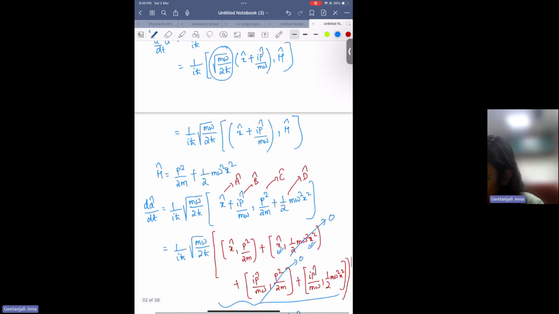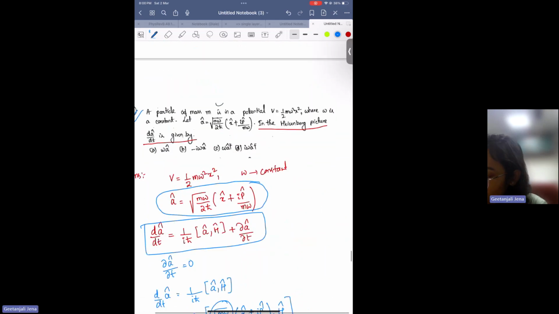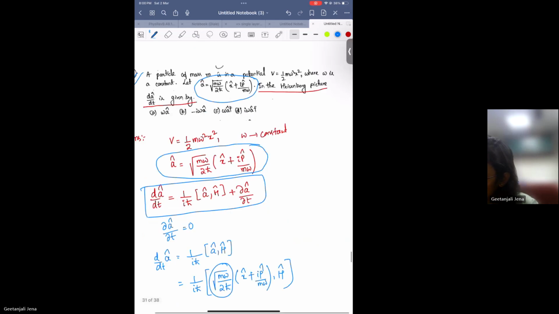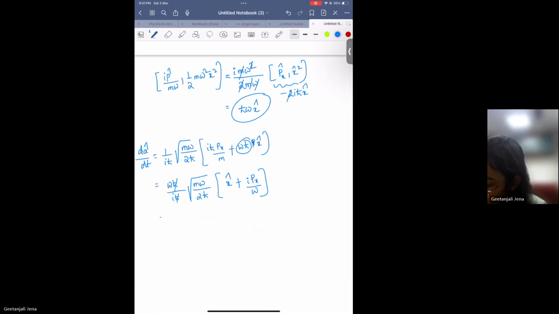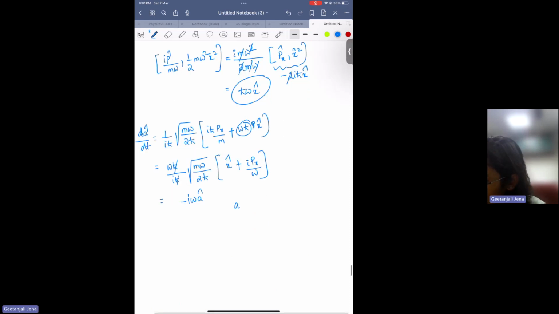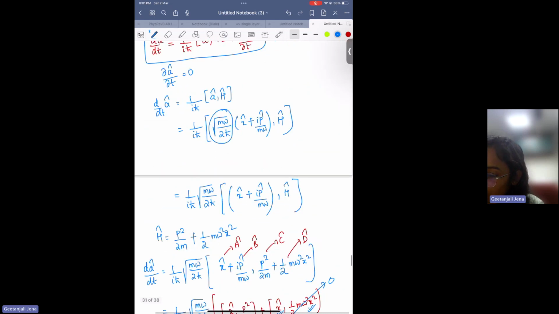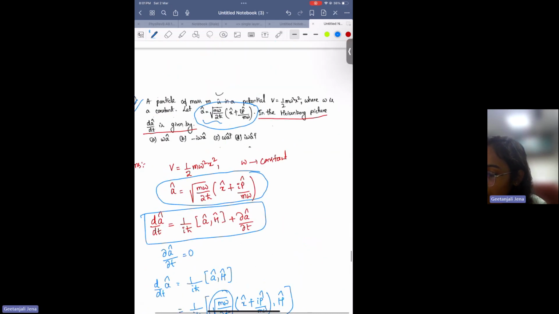Now if you compare it to the A given here, then you will see that this is nothing but minus iω A, where A is given in the question as the square root of mω by 2ħ times (x plus ip by mω).